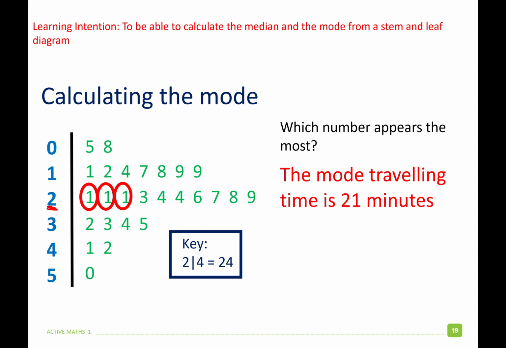Therefore, the most common number is 21. The mode travelling time is 21 minutes. To find your mode of a stem and leaf diagram, we find the most common leaf. And then from that, we write down the value for that leaf.